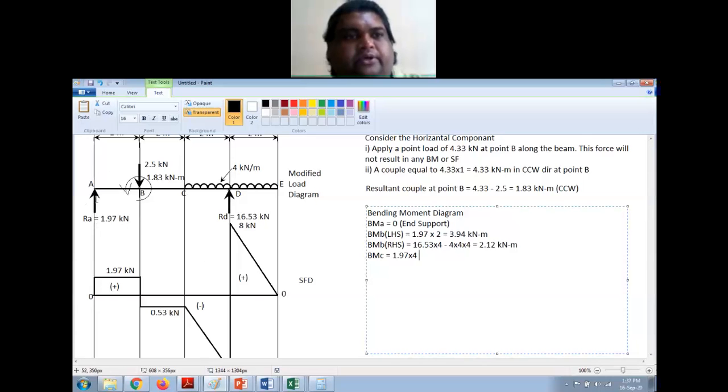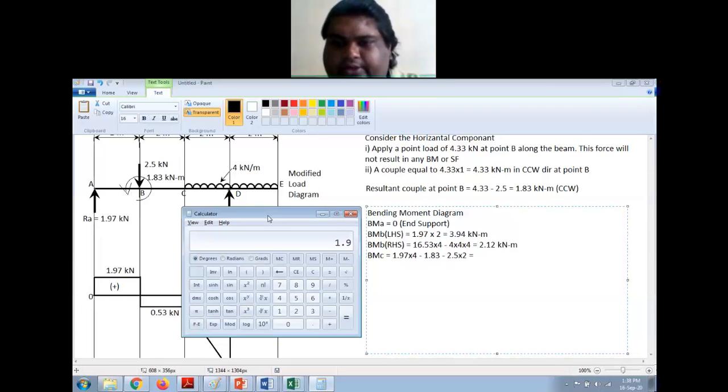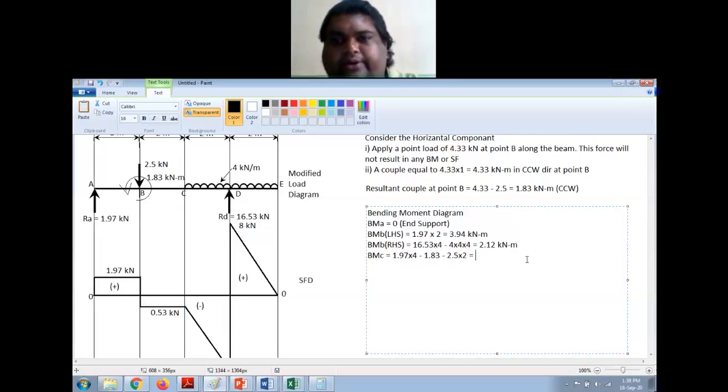This is making clockwise on left side, this is counterclockwise, so this will be negative, minus 1.83 minus 2.5 into 2. So let's calculate this. 1.97 into 4 minus 1.83 minus 2.5 into 2. So it is 1.05 kilonewton meter.